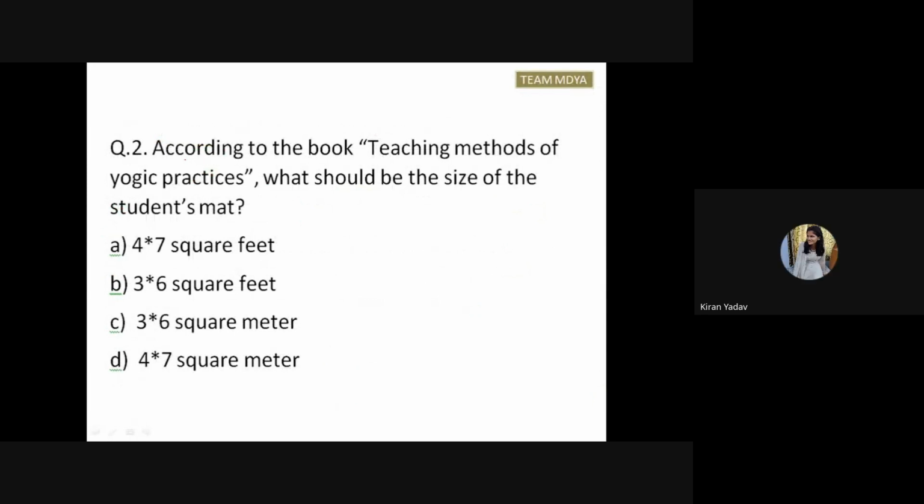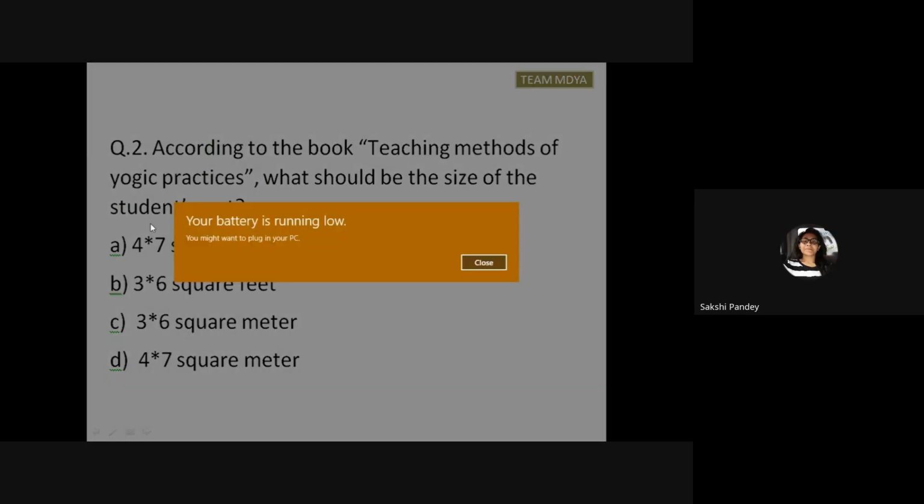Then next question is, according to the book Teaching Methods of Yogic Practices, what should be the size of students' mat? A. Please. Okay. Wait a minute.